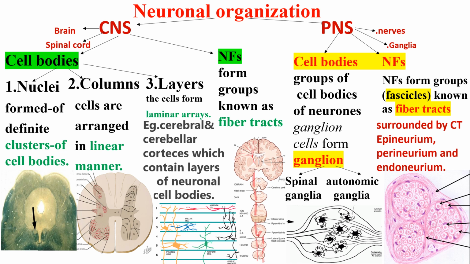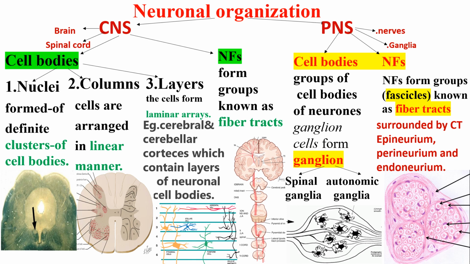The cell bodies in central nervous system are organized in one of three forms: nuclei, columns, or layers. Nuclei are formed of definite clusters of cell bodies. بمعنى the cell bodies are grouped, arranged in groups.